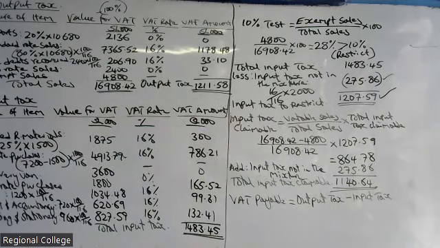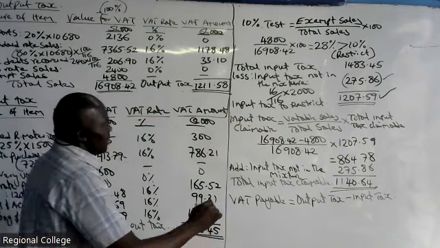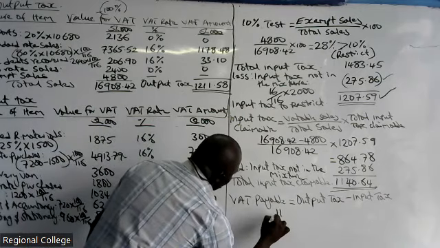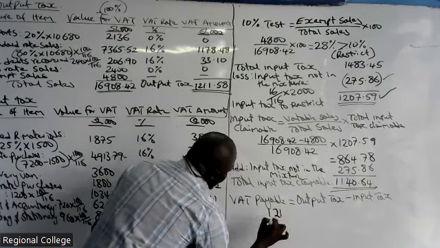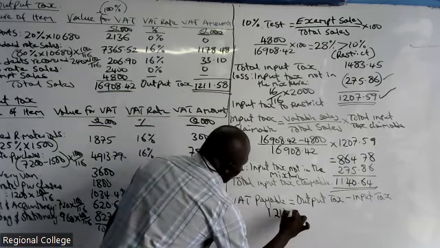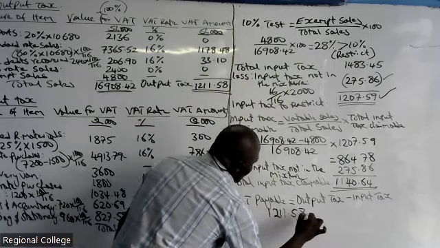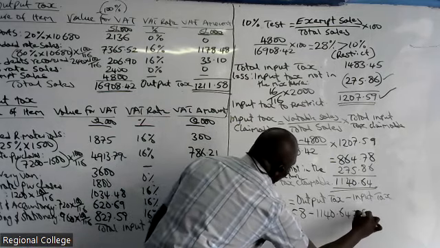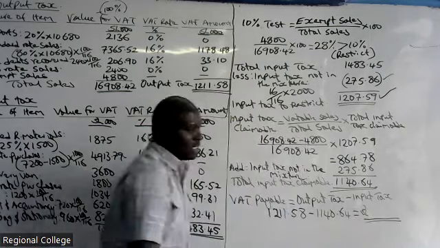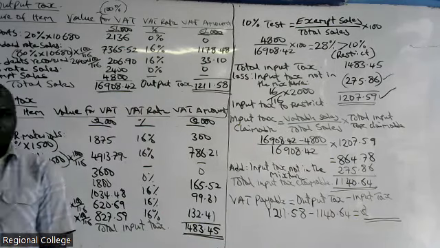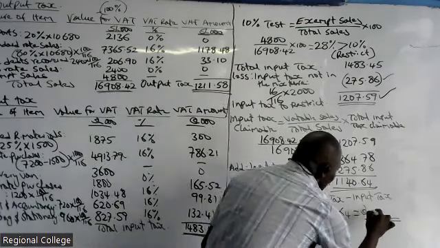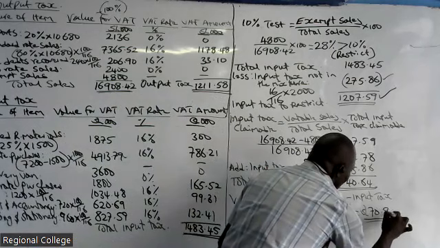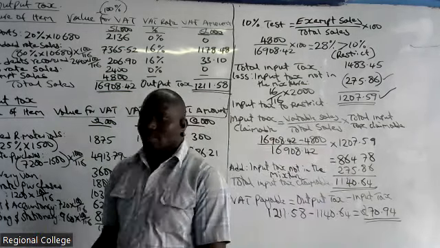Output tax yetu ilikuwa ngapi? 1211.58 minus 1140.64. So anafaa nipe VAT ya ngapi? 70.94.